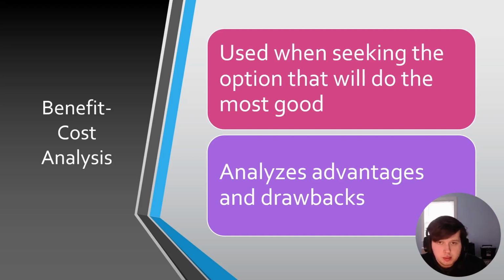When performing this analysis, all advantages and drawbacks are in monetary terms and quantified properly. If the advantages of a risk management option exceed the drawbacks, then that option is considered economically efficient. In this perspective, the most desirable option is the one with the maximum positive net benefits.